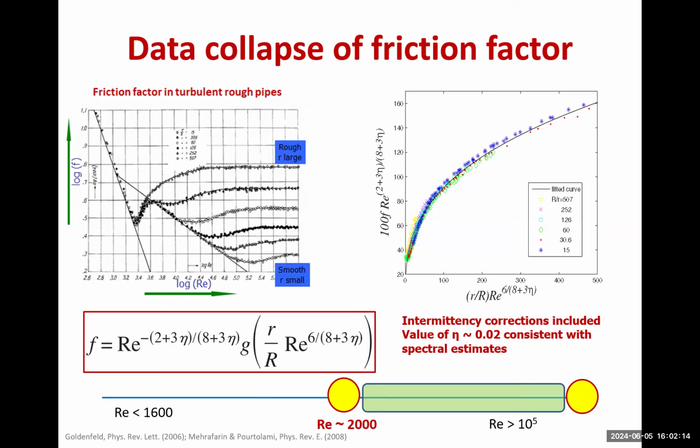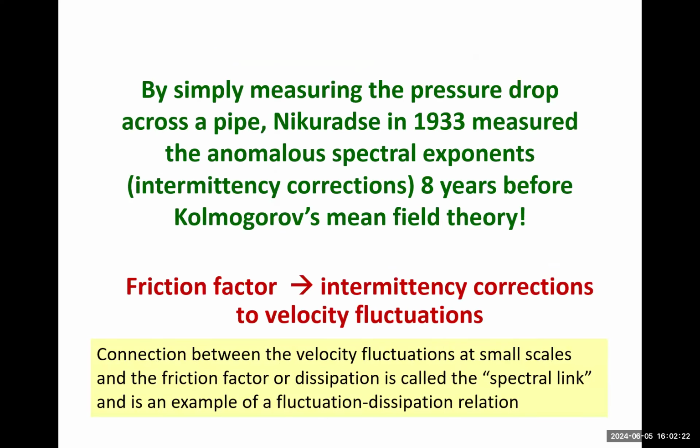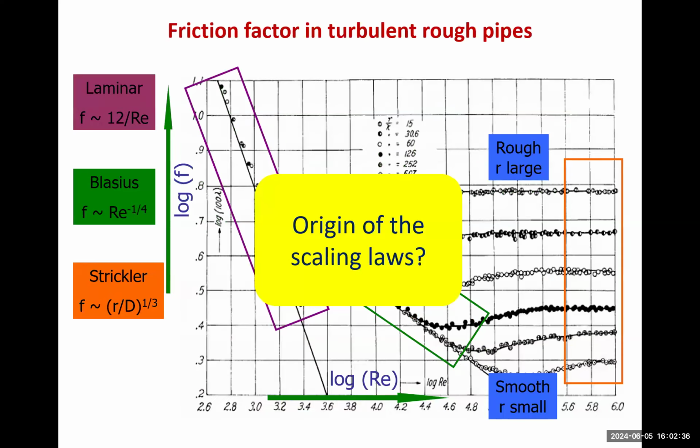Velocity fluctuations tell you about drag, friction, dissipation. Just like there's a fluctuation dissipation theorem in equilibrium statistical mechanics, we can see it in these data. And I was very lucky. I was the only person to look at the experimental data from this engineer in 1933 who knew about renormalization group theory and stuff like this.